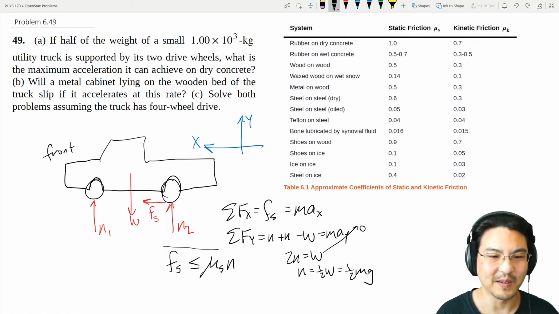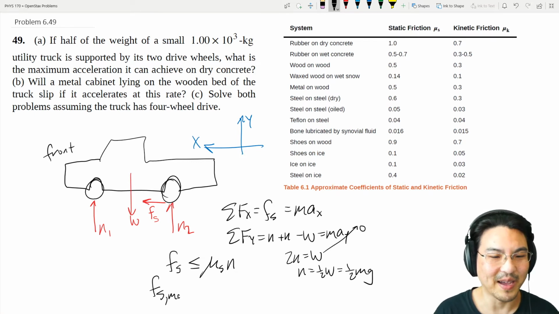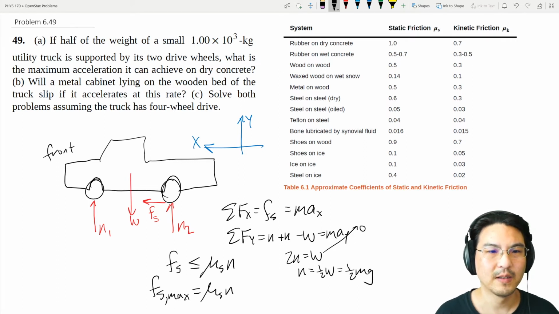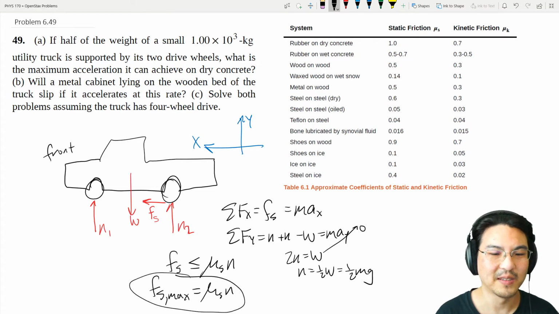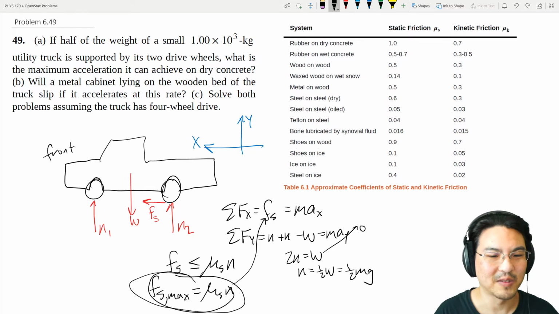Now let's take a look at this and use our critical thinking skills. The static friction is less than or equal to this amount, so at most, max, it's equal to this. That's what we can put here, and that's what we're looking for, the maximum, at most.